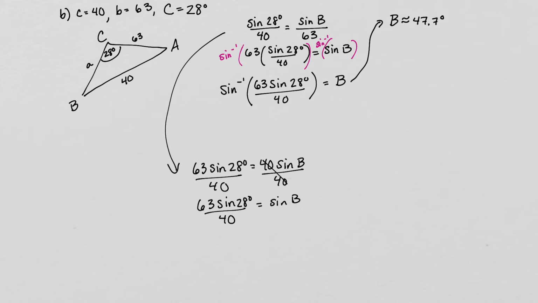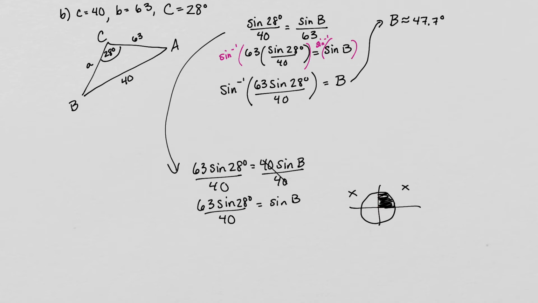But remember, on the unit circle, the sine is positive in the first quadrant or the second quadrant. When we do the inverse sine, we only get answers in the first quadrant. Because I used the inverse sine here to find B, I have to check to see if there's another B over here in quadrant 2.